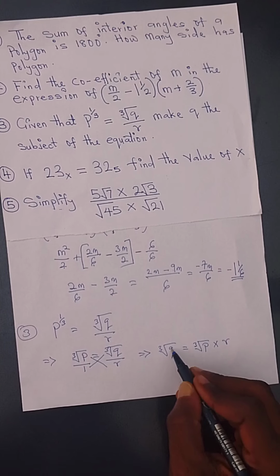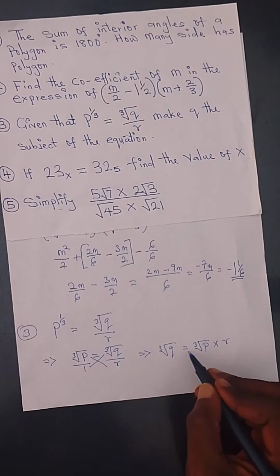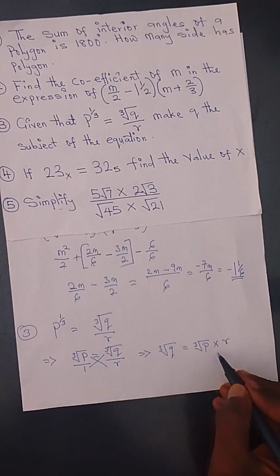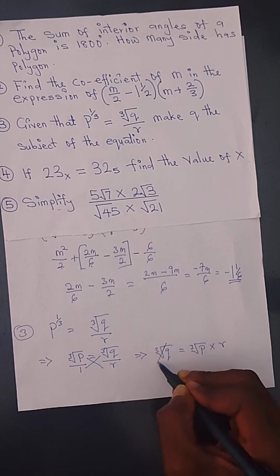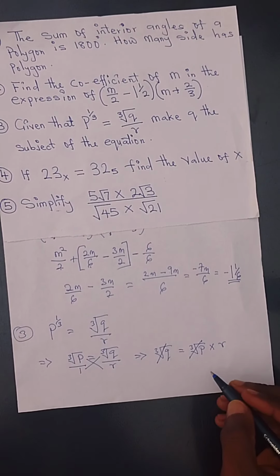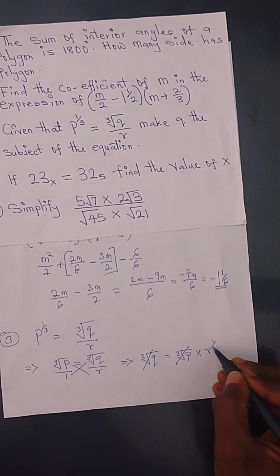Now to make q the subject, we find the cube root of both sides. We need to cancel this cube root here, so this cube root will cancel this one, then we give r a cube root as well.